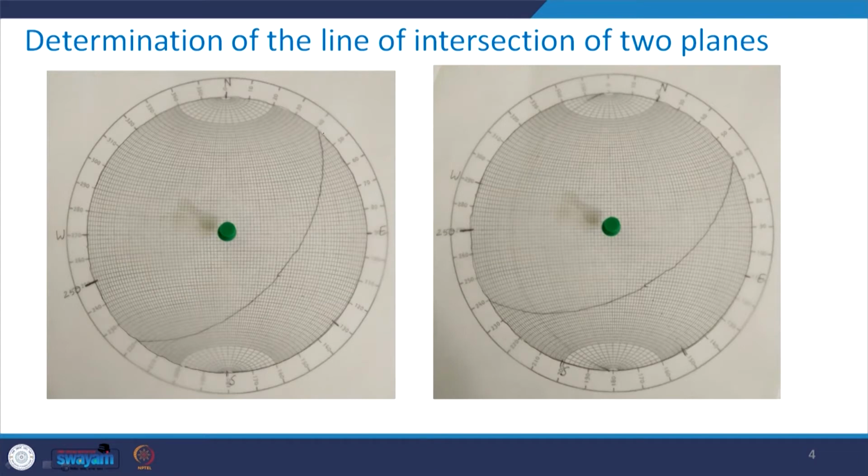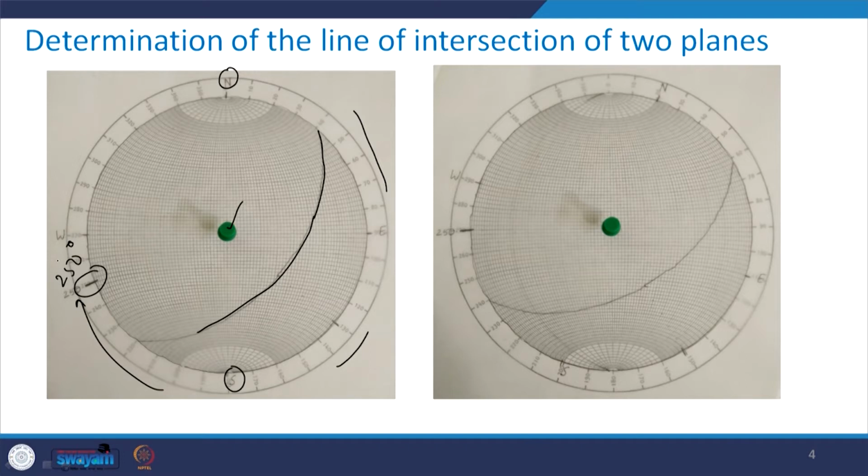This is the one plane which we already saw in the previous class how to draw. Now, north is coinciding with 0 here and it is in the original position, pinned at the center. From here, in the clockwise direction, I come and mark a point at 250 degree, the dip direction of the other plane.